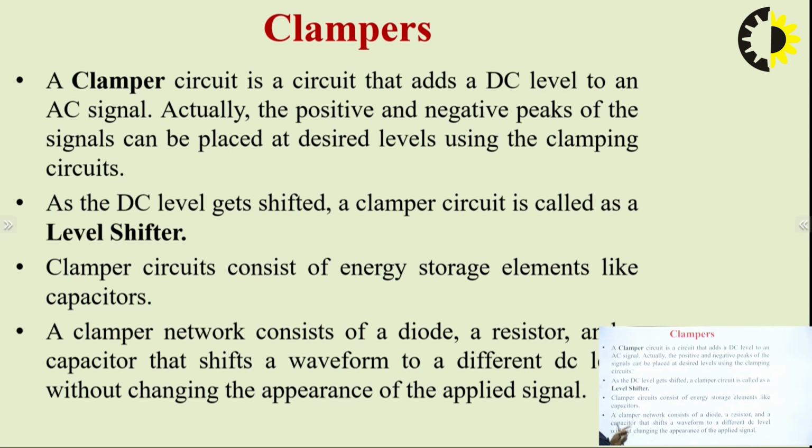As I said earlier, clamper circuits consist of three components: one is the energy storage element, that is the capacitor, another is a diode, and a resistor. The capacitor is responsible for shifting the DC level. Whatever the value of the capacitor voltage is, the DC level will get shifted by that amount.